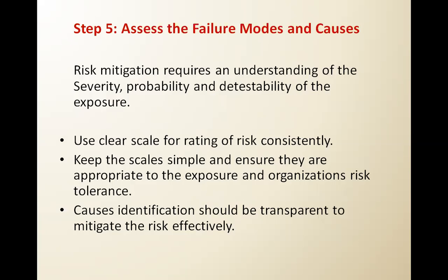So for assessing these failure modes, we use a scale with consistent rating of risk, keep it very simple, and the causes, how the risk is occurring and what the solution is, must be written transparently, meaning easy to understand, to mitigate the risk effectively.